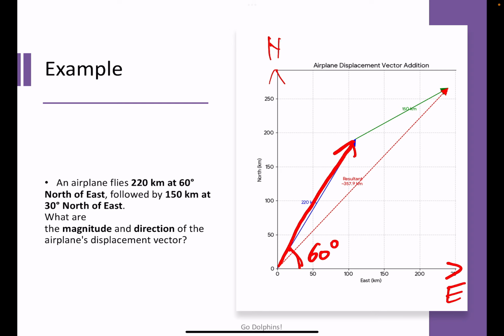Okay, and then this airplane flies 150 kilometers, which is 30° north of east. So we want to find out what's the magnitude and the direction of the airplane's total displacement. That's our goal.